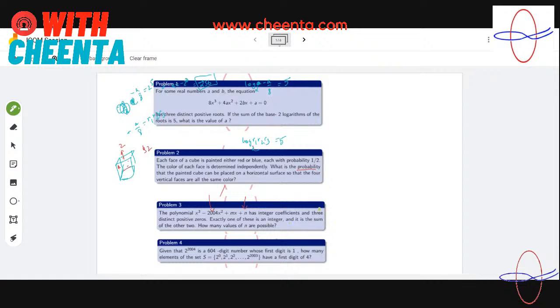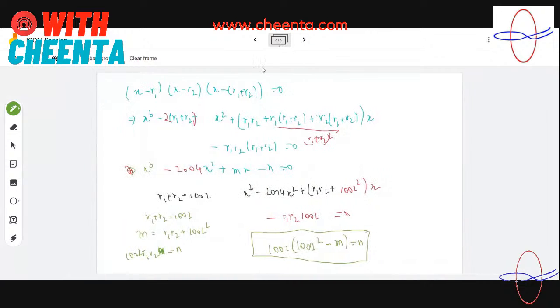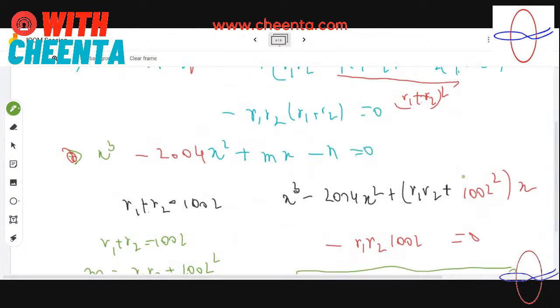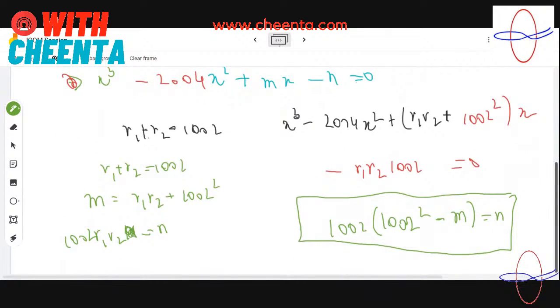Because these are distinct positive zeros. r1, r2 are positive, and m is equal to the sum of all this, so m must be positive. So that means, what are the possibilities of n? Just try to find it out.